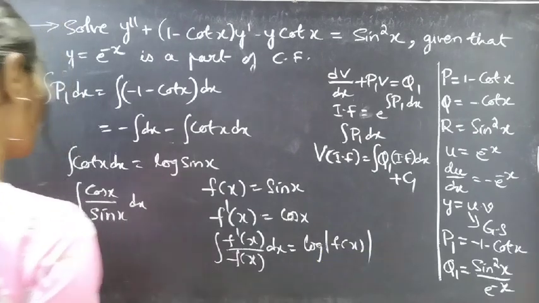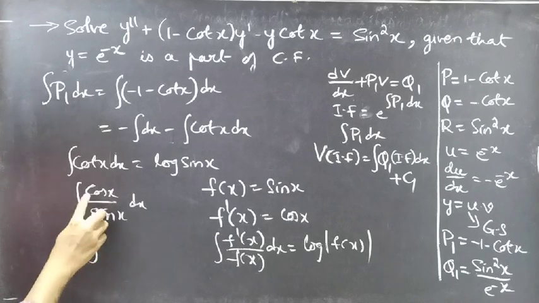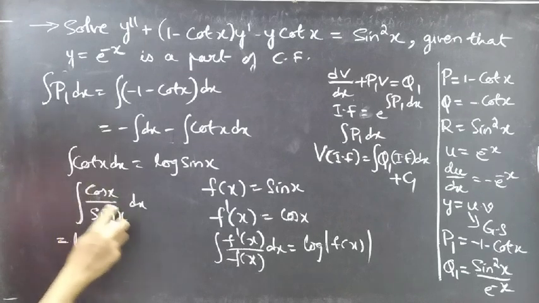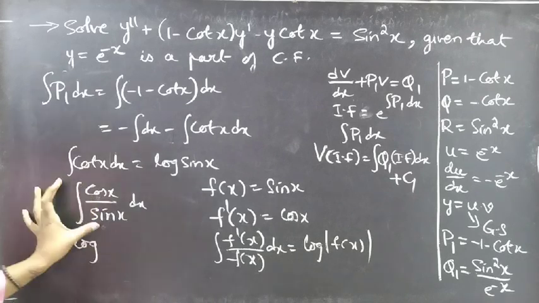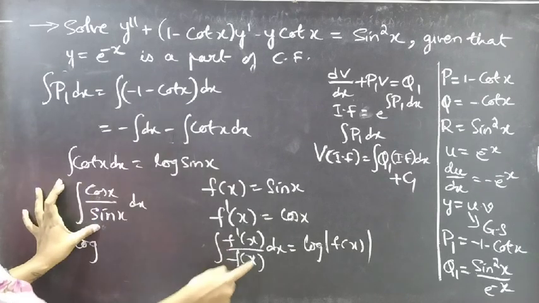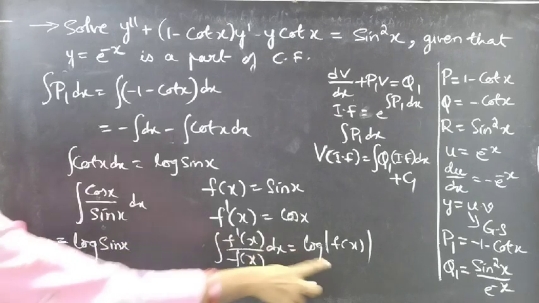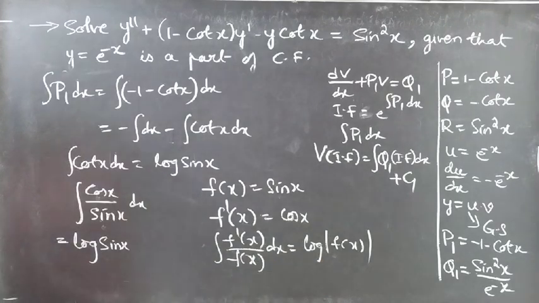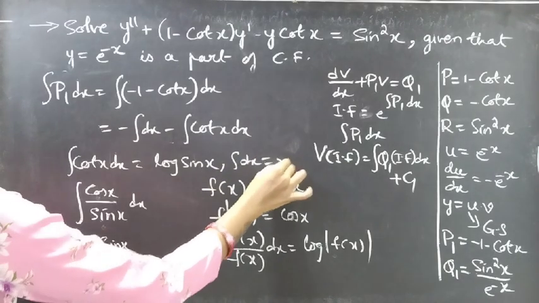Here we have f dash of x in the numerator and f of x in the denominator, so we can compare this and get integral cot x dx equals log sin x for f of x equal to sin x. Okay, fine. And also we know that integral dx equal to x.